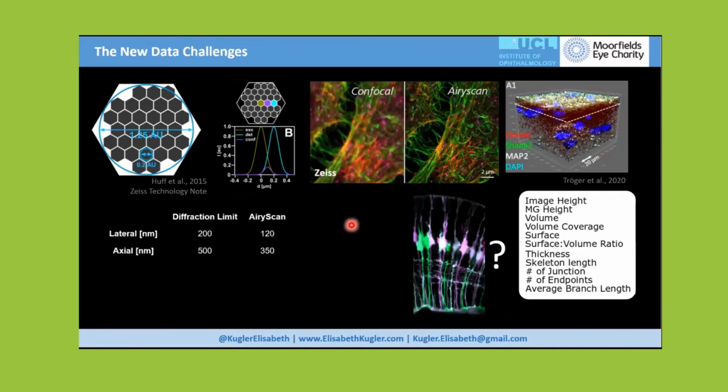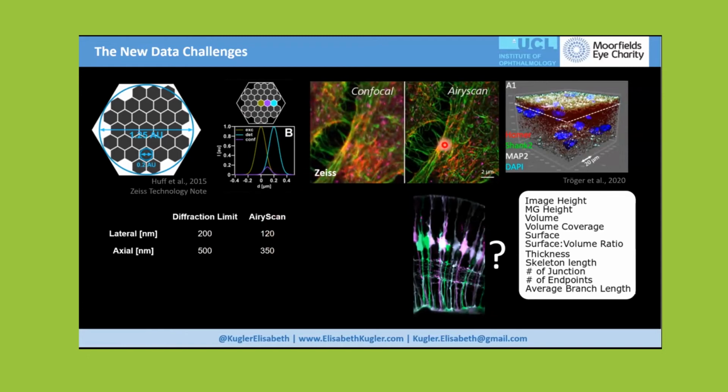Very briefly, in Airyscan microscopy, we use the different elements of the Airyscan detector, and by them working together, we can increase the resolution and the signal-to-noise ratio in our data. All of this allows us to push beyond the diffraction limit of 200 and 500 to something of 120 and 350 nanometers.